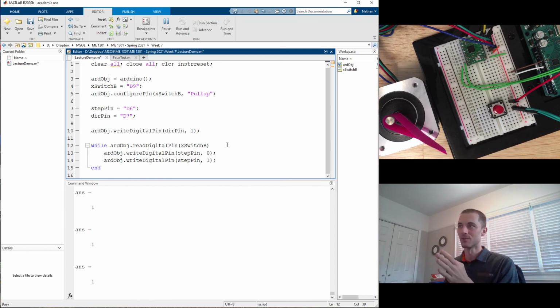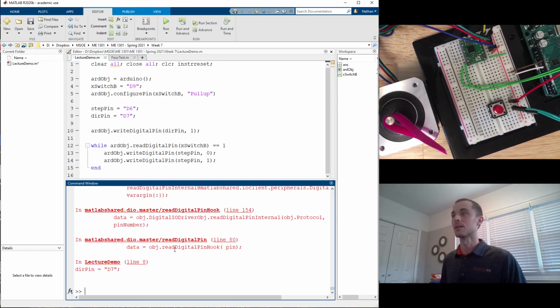And so we could have this, or while this is equal to 1. We want it to continue doing it while it's not pressed, which is actually a value of 1 in this case for this switch, which has a pull-up resistor internally on the chip that drives most of the functionality that we're using this quarter. So let's stop that.